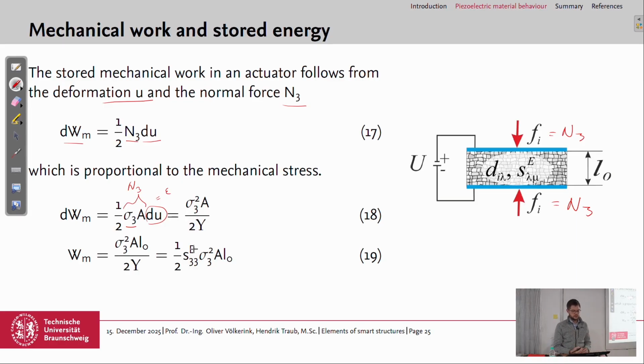Outside of smart structures or this lecture, this would be E, but we have electrical field E, so the stiffness is epsilon. And then if we multiply it with L0, we have the stored mechanical work.